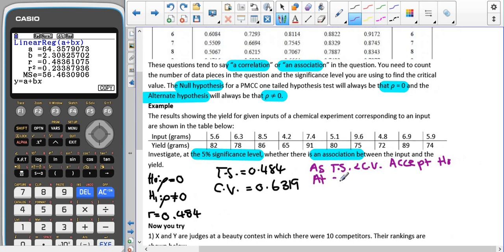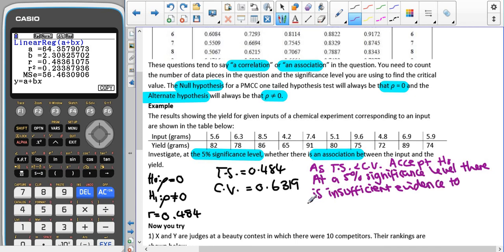So at a 5% significance level, there is, and we still say insufficient when we accept and sufficient when we reject, evidence to suggest, and remember what I was saying before, that still counts for all hypothesis tests.